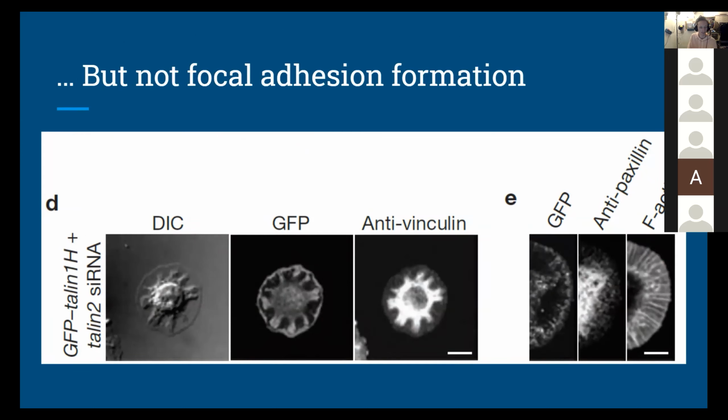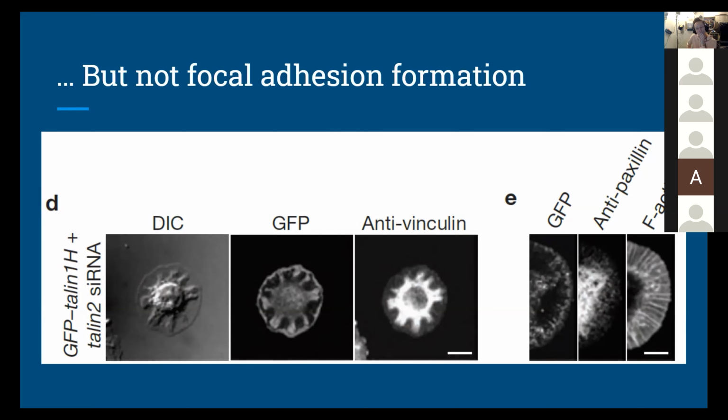Okay. So what they also found is that while the Talin 1 head can activate the beta-1 integrin and cause it to go to the edge of the cell membrane, it cannot cause the other parts of the focal adhesion complex to migrate. You can see that in D, they looked at the localization of vinculin, and in E, they looked at the localization of paxillin.